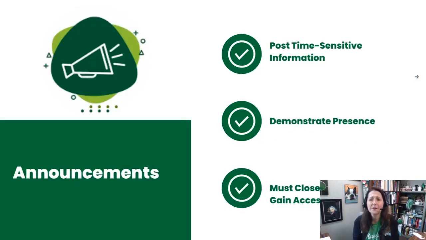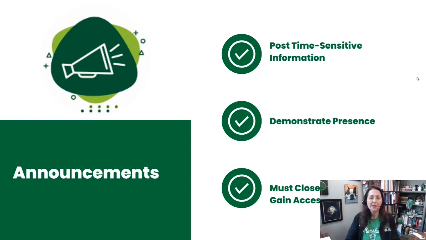Now, specifically for announcements, we know that they are there to help us post time-sensitive information, but I'm using them to demonstrate presence. The neat feature about Blackboard Ultra is that students have to close that window, and that's what the last little check mark is. They must close the window to gain access.